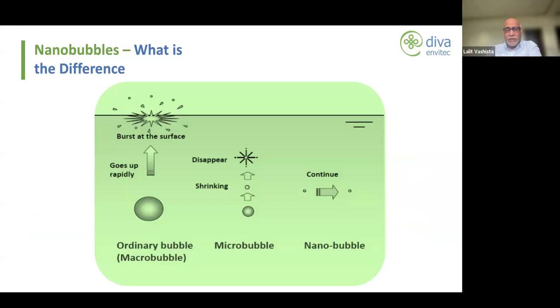Ordinary bubbles go up, microbubbles stay for some time and then disappear. Nanobubbles continue to stay, and you can check the oxygen level of that water. That goes up very drastically, which is required by the plant, and we'll give the reasons why it is beneficial for agriculture.